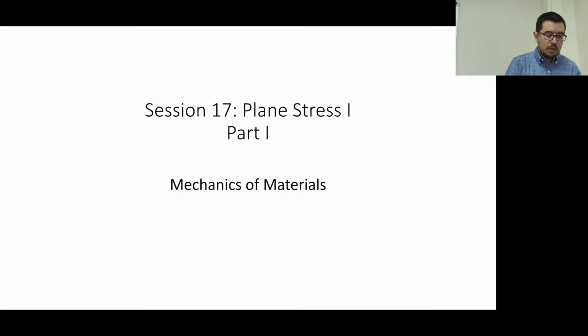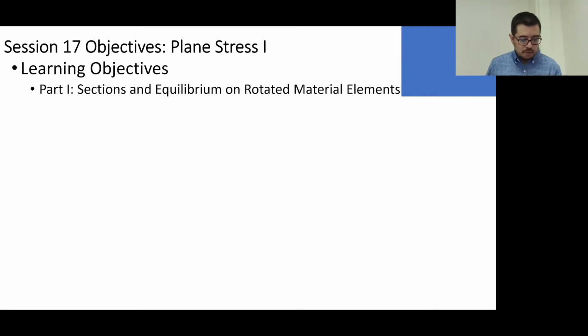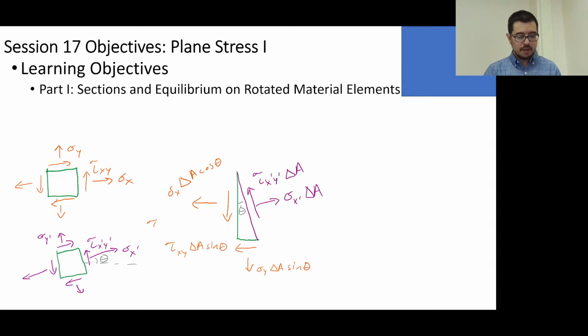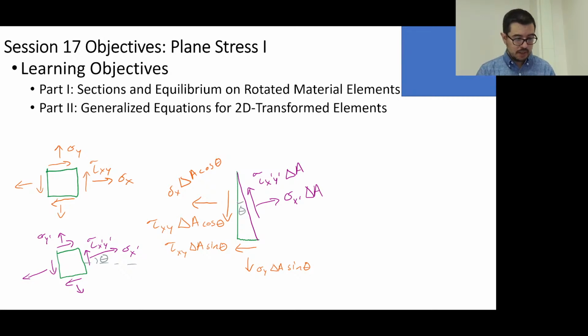Okay? So today, what we're hoping to discuss is a bit on sections and equilibrium for rotated elements. This is a rotated element, sorry, and this is just giving you a depiction of what we're going to be doing in a minute on part one.